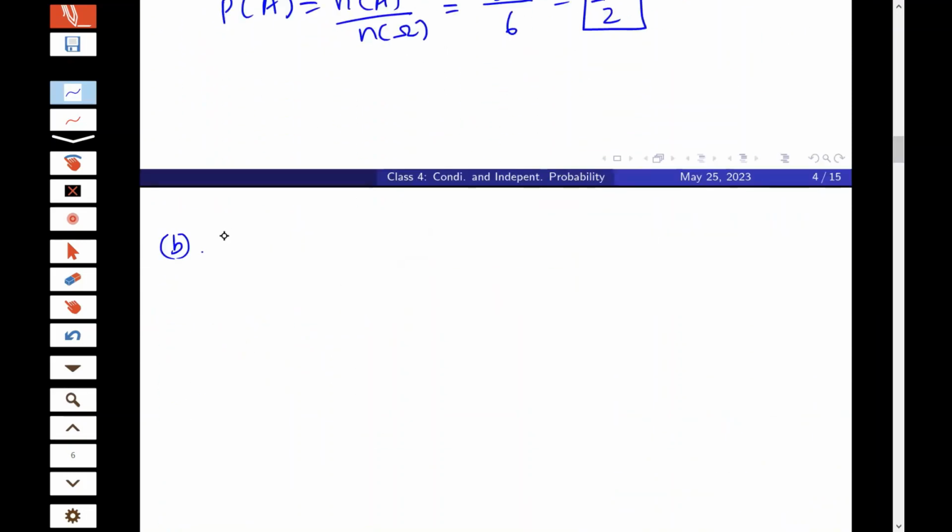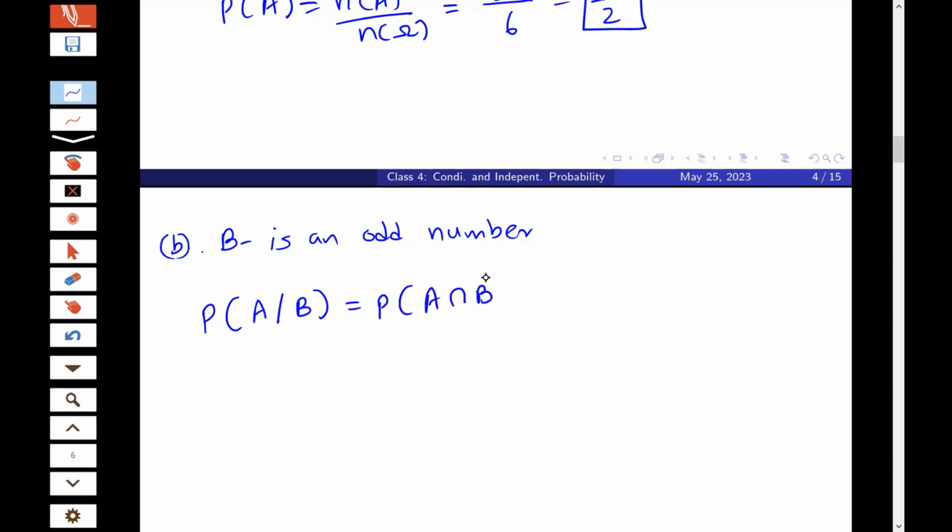Let's take B as an odd number. We don't want to write all the values in B yet, but let's see what we have to find. We have to find the probability of A given that B is an odd number. So we have to find the probability of A intersection B over P(B). This is from the definition.